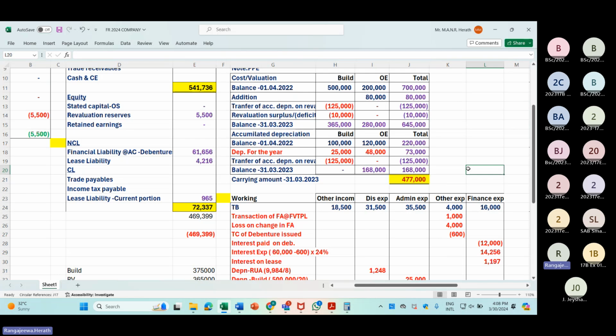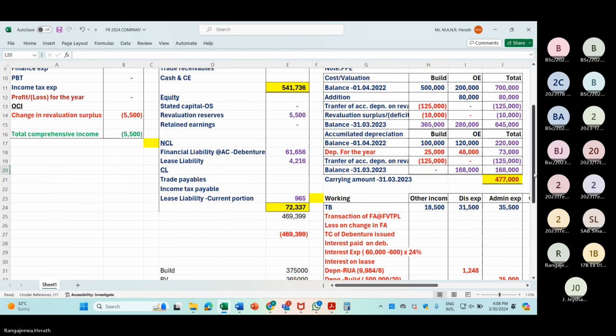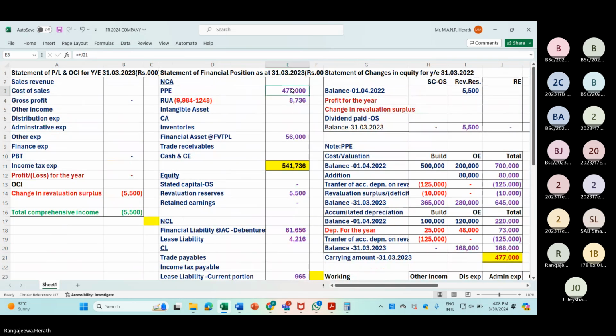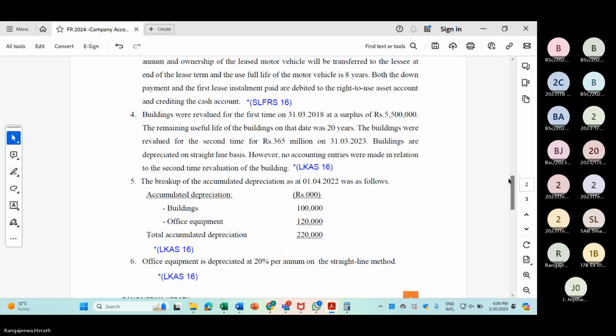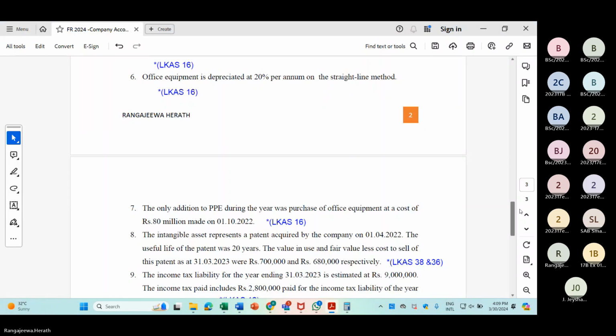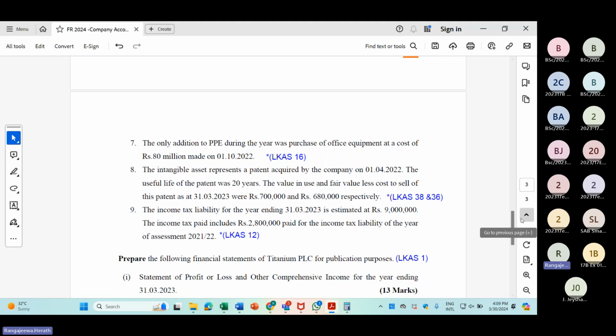So PP naught, we can complete 477,000. Then we have an intangible asset, a patent acquired at the beginning of the year.